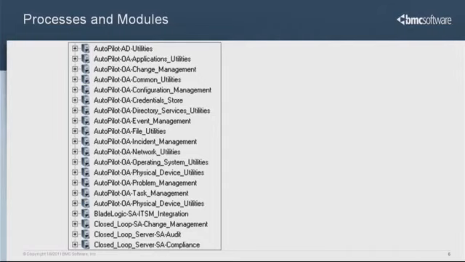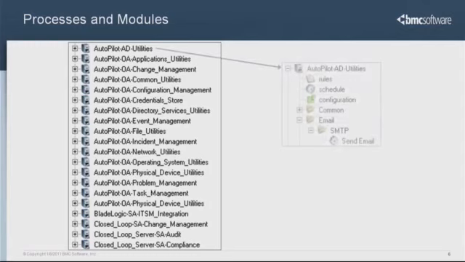The processes are also going to be organized within modules. This allows us to create libraries of these processes for our use. Within these modules, we can organize information within folders to make them more easily organized, more accessible.